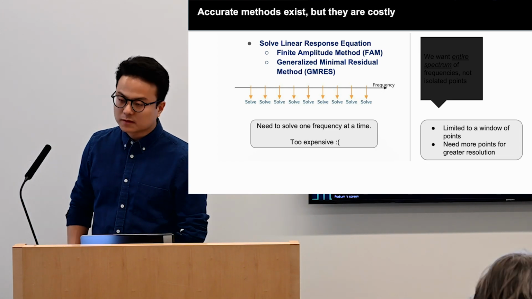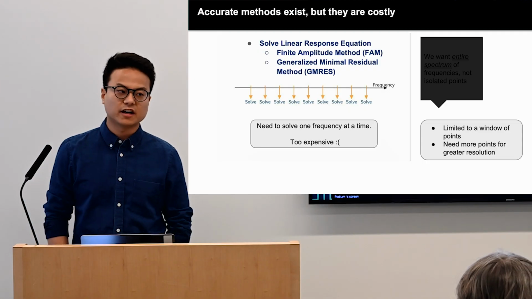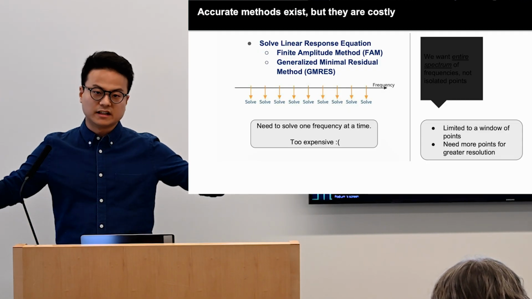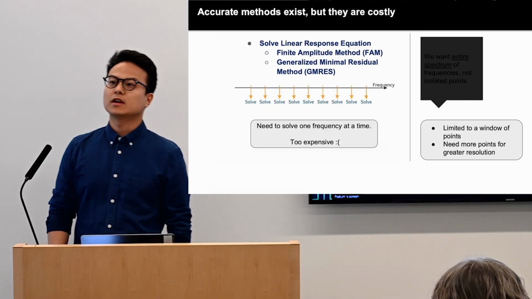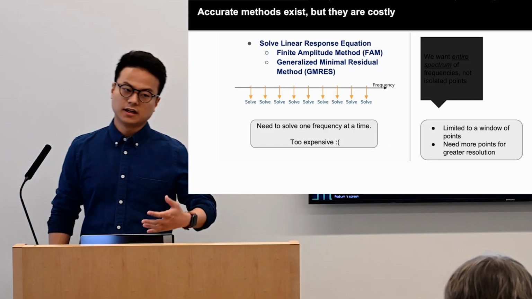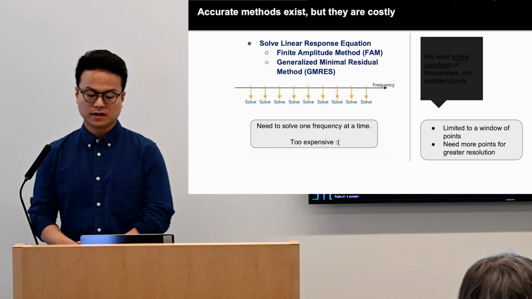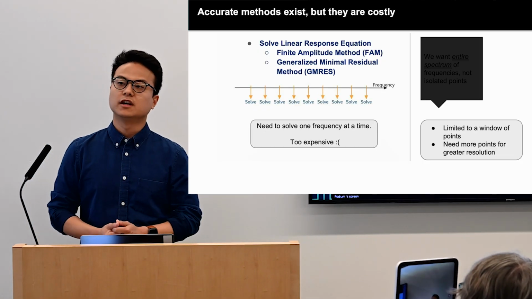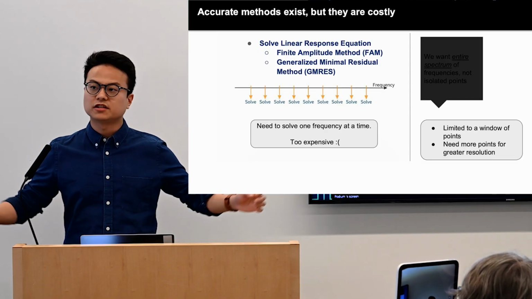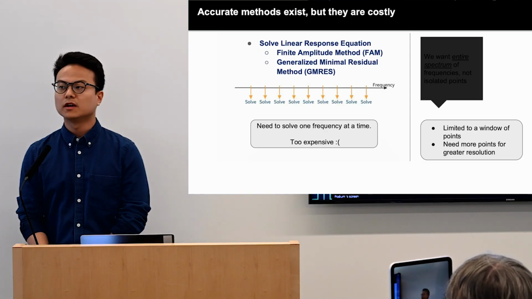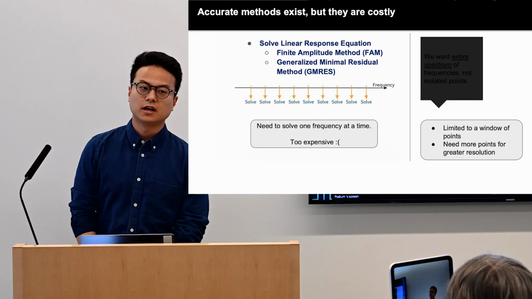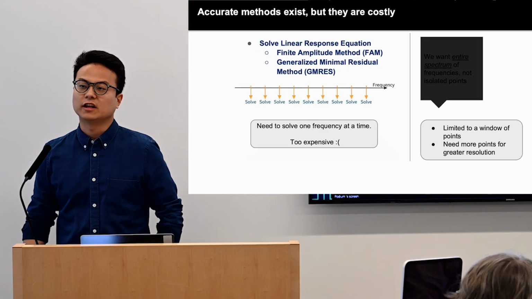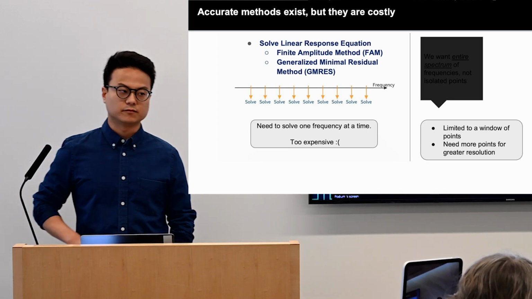Because oftentimes we are interested in the entire shape profile of the strength function for the entire permissible frequency range. Since these methods target one frequency at a time, if we want a finer resolution of the strength function, as well as a greater range, we need many more runs of these two methods that rely on the linear response equation.